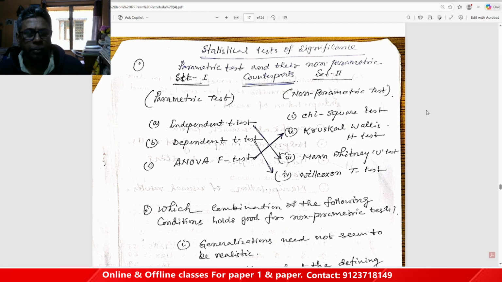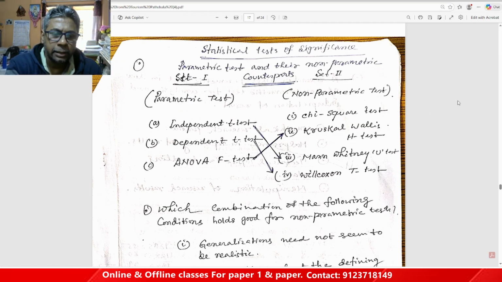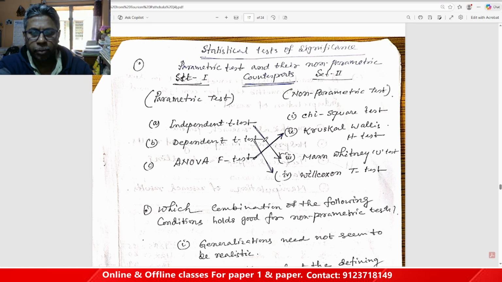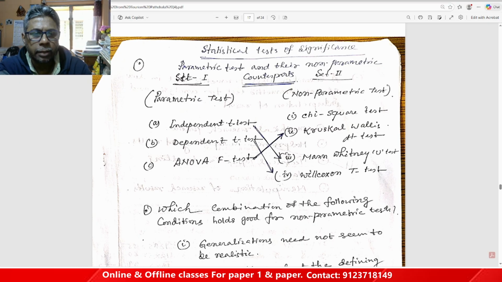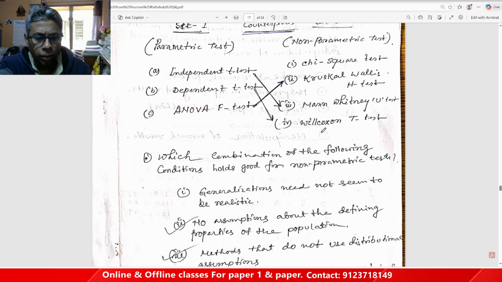The dependent t-test is related to the Wilcoxon test. ANOVA F test is related to the Kruskal-Wallis H test. So, these kinds of questions can be asked in UGC.